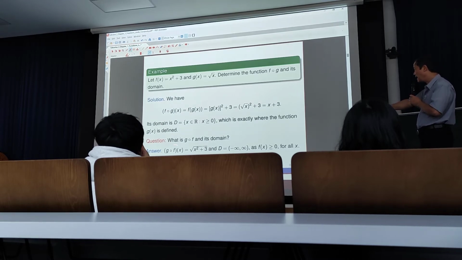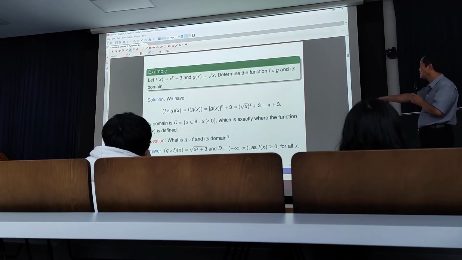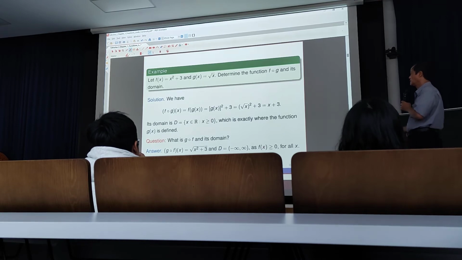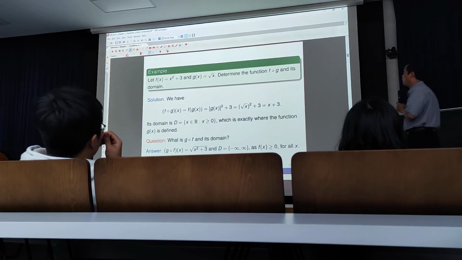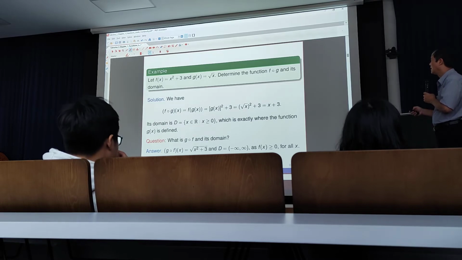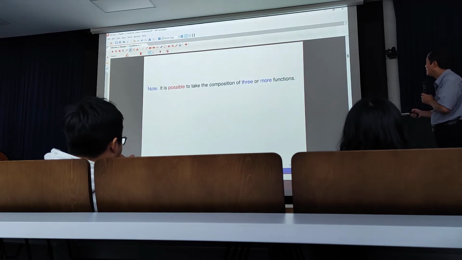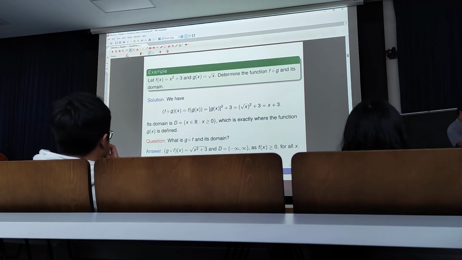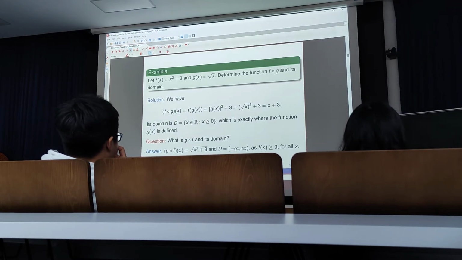Because for any x, f(x) is always bigger than or equal to 3, always positive, or I write non-negative. Okay? So these are some things we should pay attention to. And here, I want to make a note that you see, g of f and f of g are different.